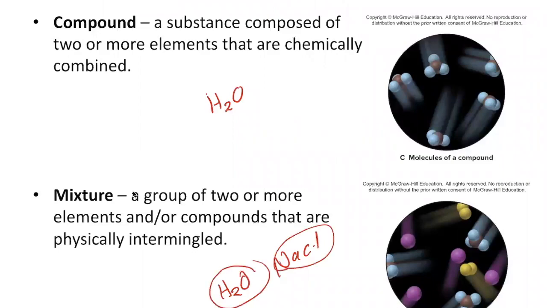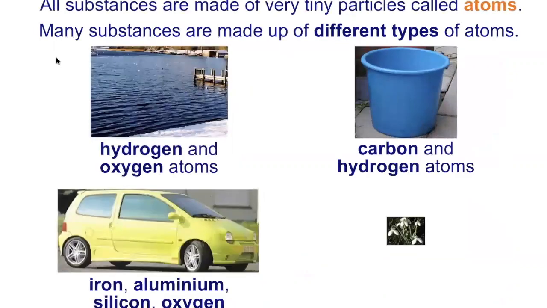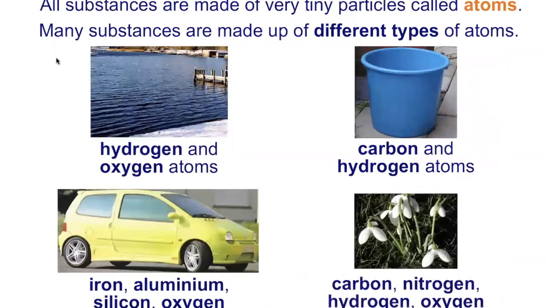So I'm going to be repeating these definitions a lot just so you can get familiar with them and be able to familiarize yourself with them. As you may or may not know, everything is made out of these little particles that we call atoms, right? And these atoms, there's different types.